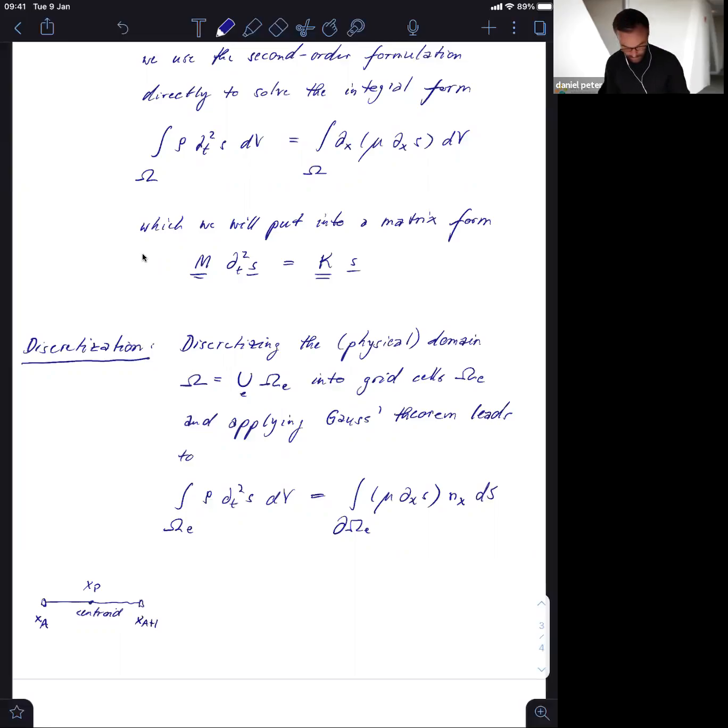Then we can write these integrals as an integral from xa to xa plus 1 of rho times the second derivative of displacement dx is equal to mu times the derivative of displacement evaluated at these boundaries.